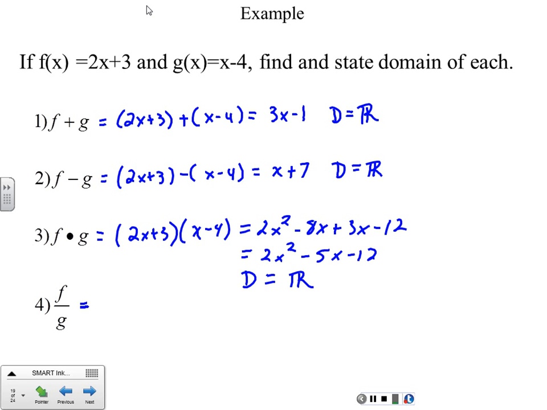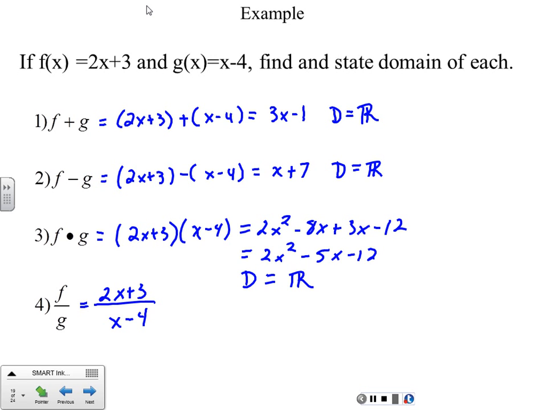Alright, for number 4, you have 2x plus 3 divided by x minus 4. Okay, think. Don't speak, because I don't want you to embarrass yourself, but think to yourself. Is there anything that I can do to this problem to simplify it?